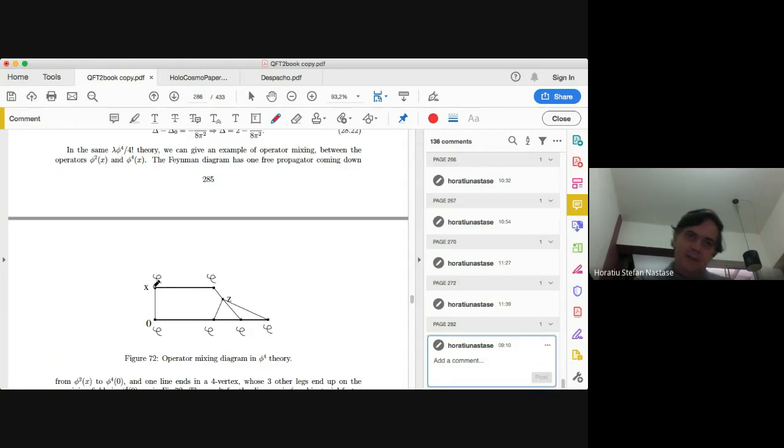This still represents the operator O at x. And then the other operator at 0, phi to the 4, point split with a phi here, a phi here, a phi here, a phi here, connected by a line.